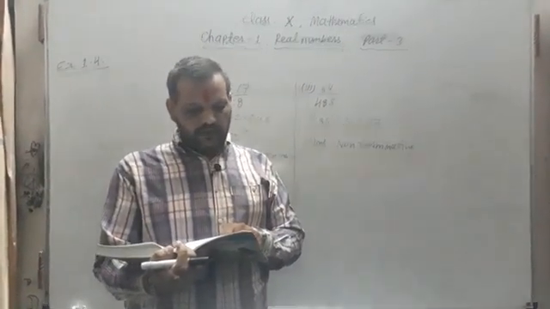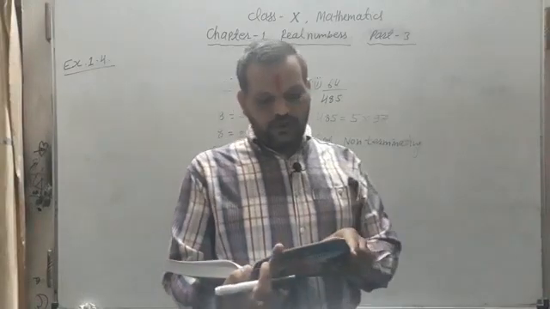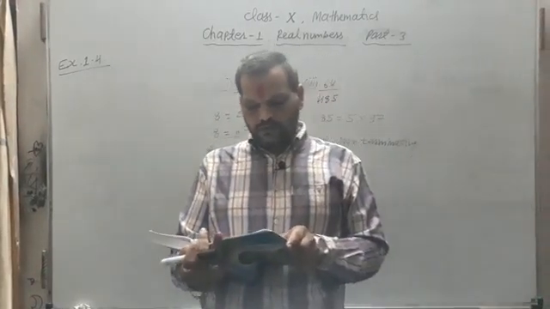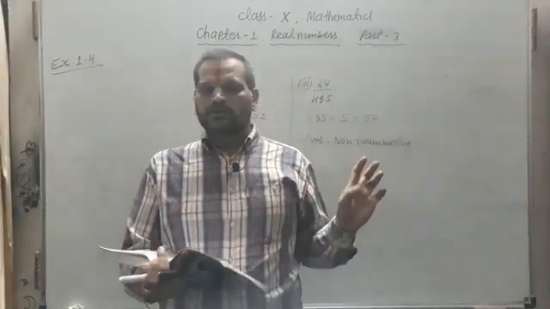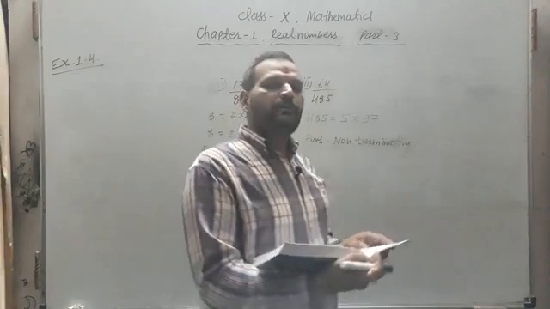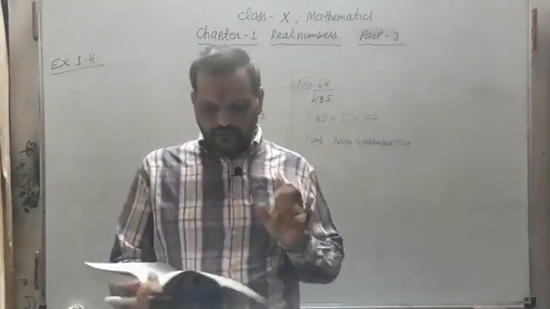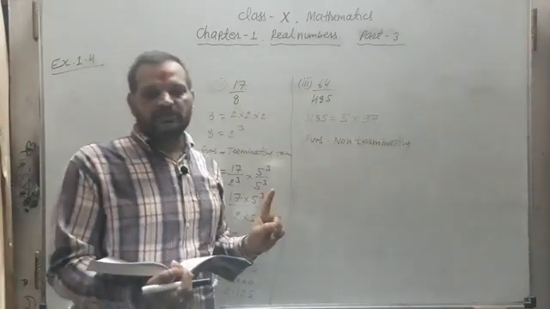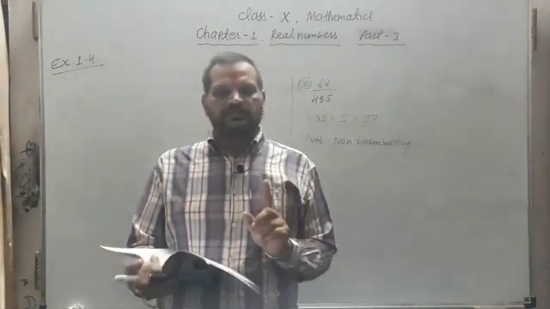In the second part, it is non-terminating form, 1.0.12001200 and so on. So it is non-terminating, non-repeating or non-recurring form, and non-terminating, non-recurring form is always irrational. That means the second part is irrational.